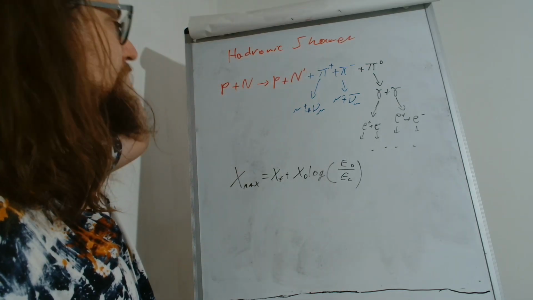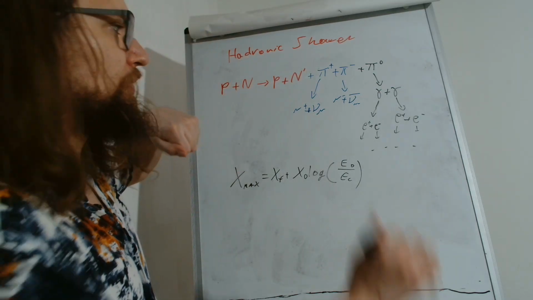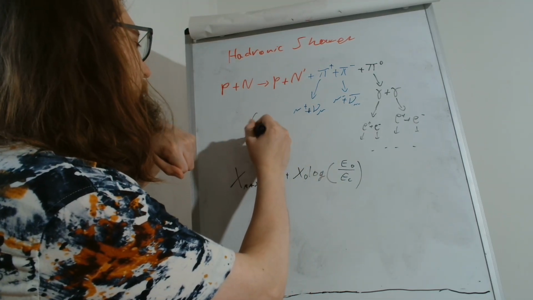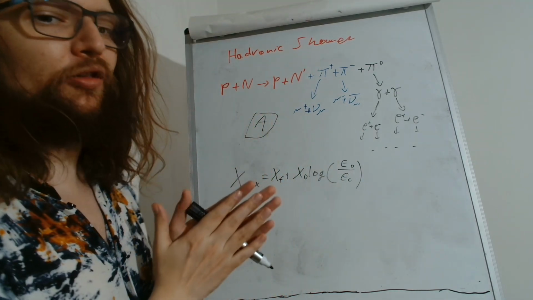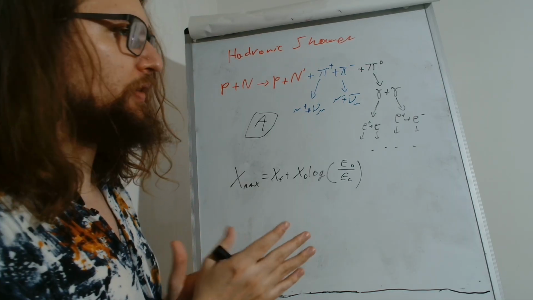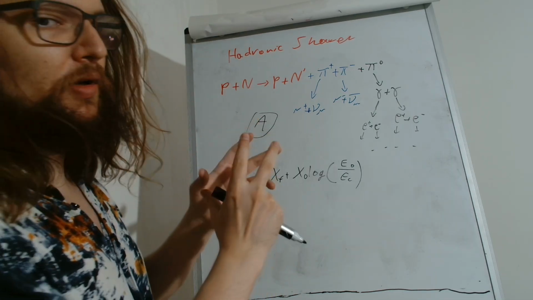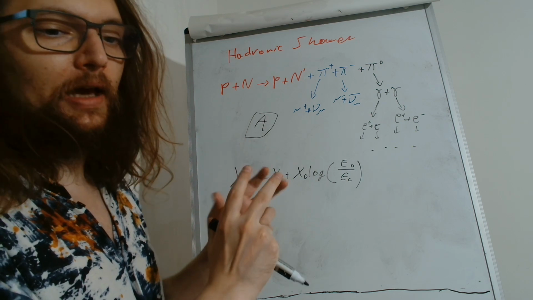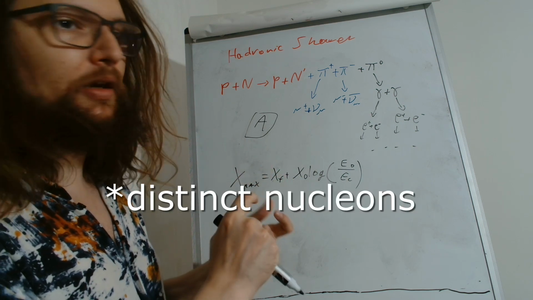But if instead of a proton we have a nucleus with mass number A, then we use the superposition model. The superposition model says that we can model the nucleus as A distinct nucleons which are independent.